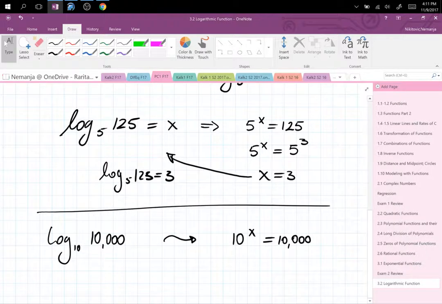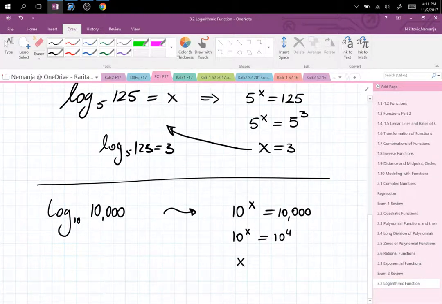And now, how do I write 10,000? With a 4. You have 4 zeros. So what's x? And that means log base 10 of 10,000 is 4.